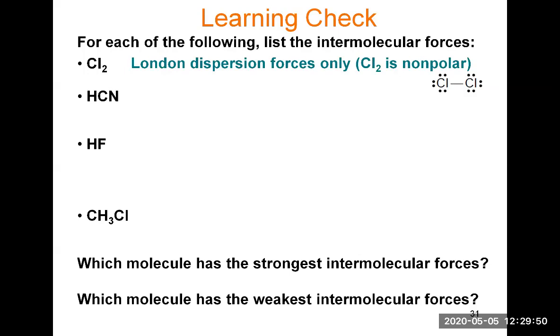Let's look at HCN. The Lewis structure of HCN is given to the right here. You see that the hydrogen is bonded to the C, and the C is triple bonded to the N. And if you look at the electronegativity differences between C and H, this is considered nonpolar, and between C and N, there is a difference of 0.5 between them.